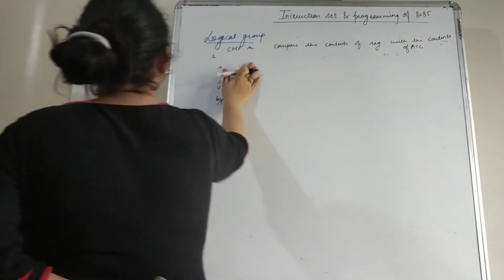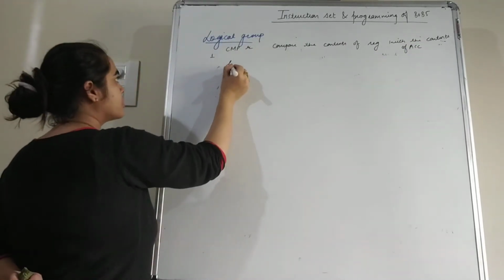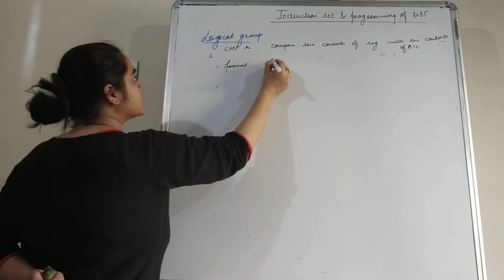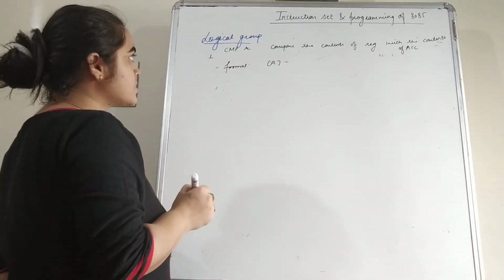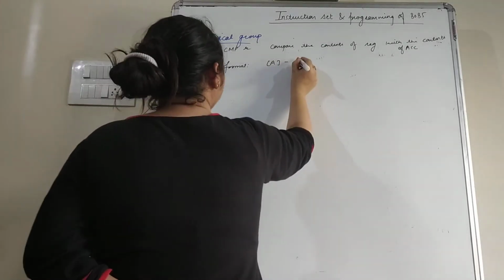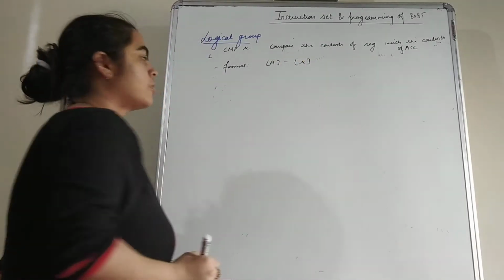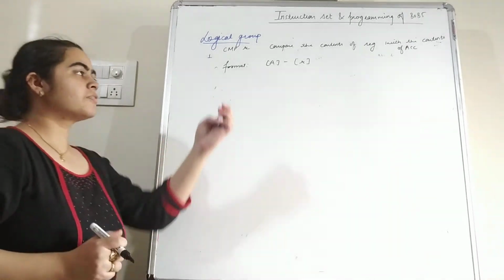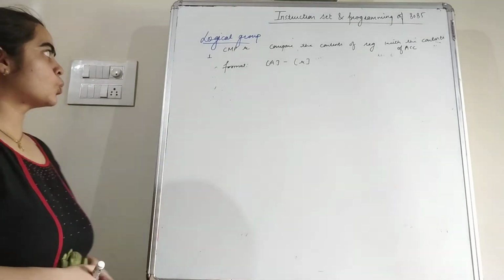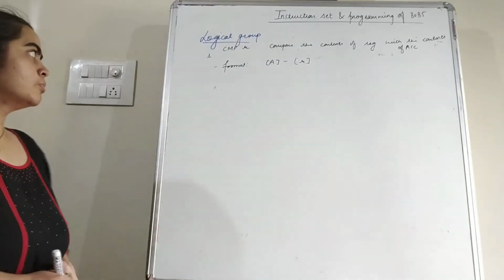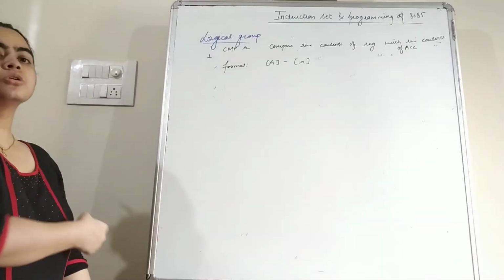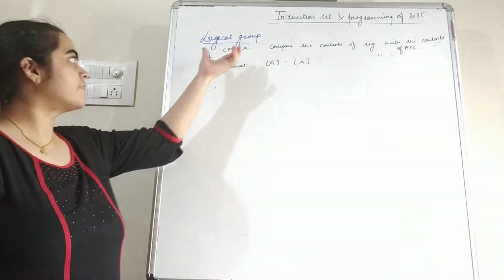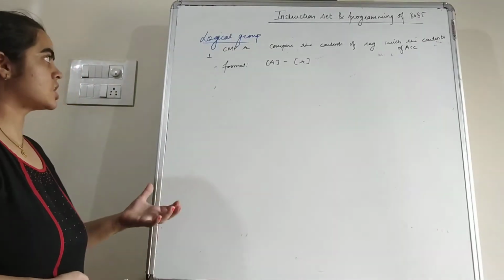Students, for this instruction we have a format: comparison we can do with subtraction. So we can subtract the contents of the register from the contents of the accumulator, but after subtraction we cannot store that result in the accumulator again. That means the contents of the accumulator remain unchanged after the execution of this instruction.